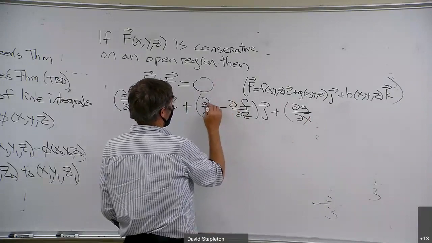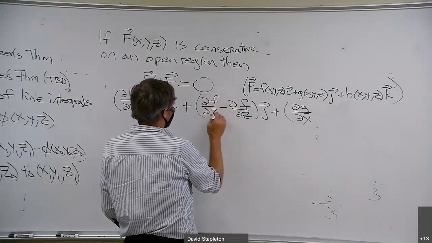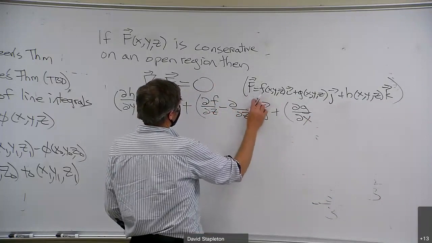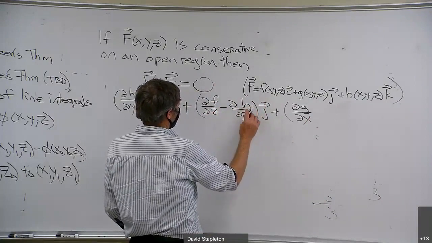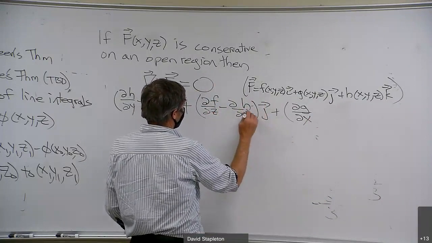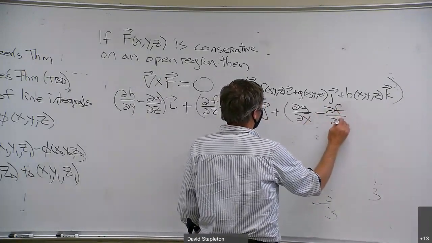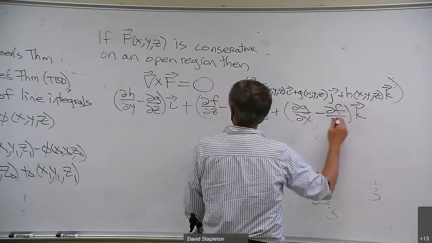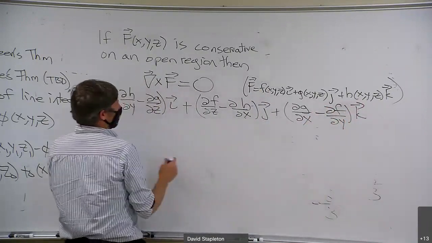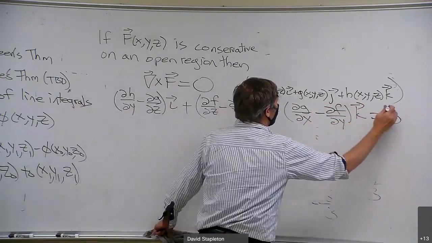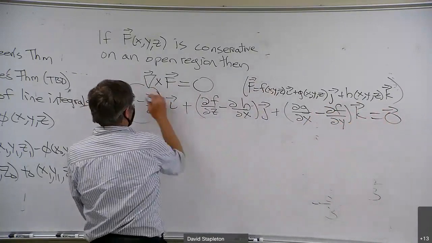I wrote this backwards, trying to do this too fast. And this is the partial of g with respect to x minus the partial of f with respect to y, k. Okay. So you need this equal to 0, which means that all three of these components equal 0.